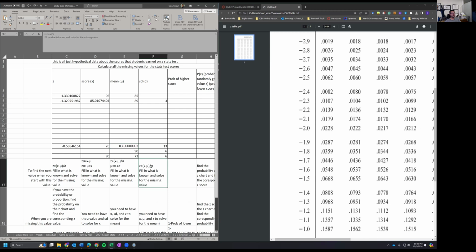Then coming right down here, we want to solve for the standard deviation. This one's really easy to rearrange. We multiply both sides by the standard deviation and divide both sides by z. So now we have standard deviation equals x minus the mean divided by z.